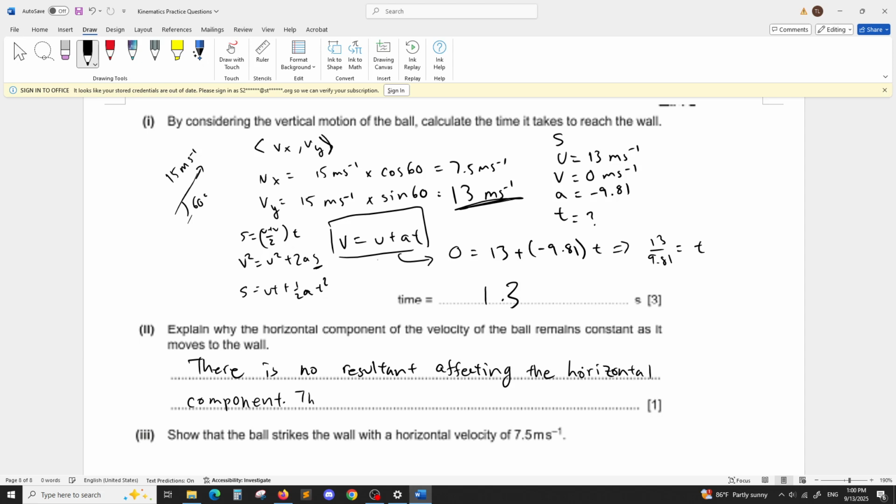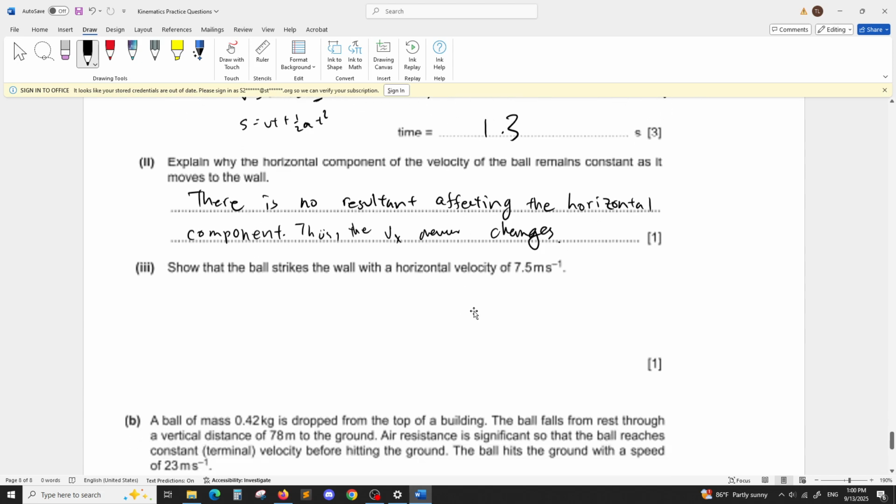Thus, the horizontal component never changes.